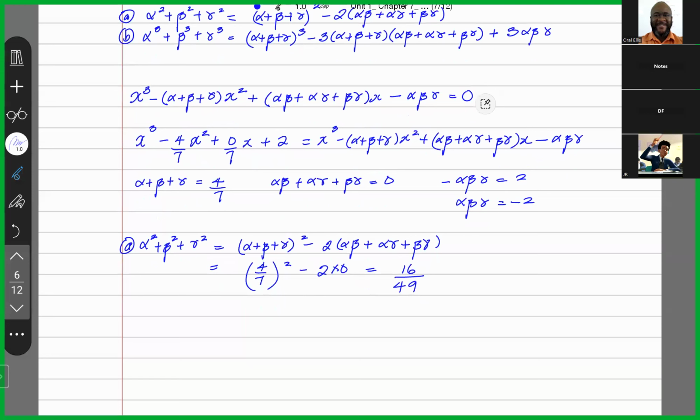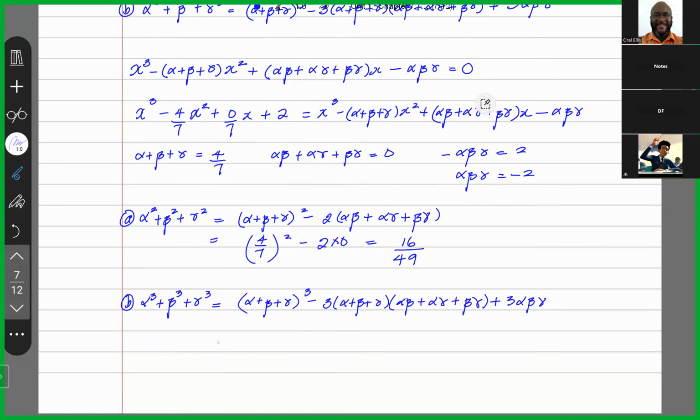Now, B is asking for alpha cubed plus beta cubed plus gamma cubed. And the formula for that is (alpha plus beta plus gamma) cubed minus 3 (alpha plus beta plus gamma) multiplied by (alpha beta plus alpha gamma plus beta gamma) plus 3 alpha beta gamma.